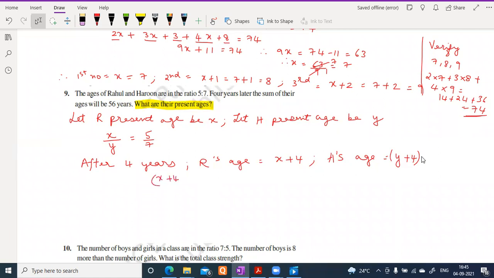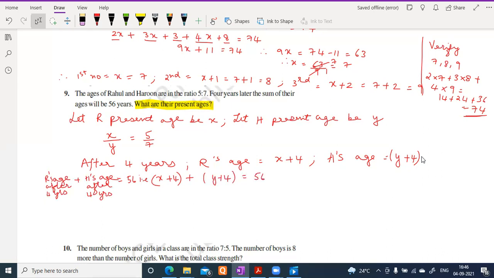Rahul's age after 4 years plus Harun's age after 4 years is equivalent to 56. So that is, after 4 years, Rahul's age is x plus 4, and Harun's age after 4 years will be y plus 4, is equal to 56.